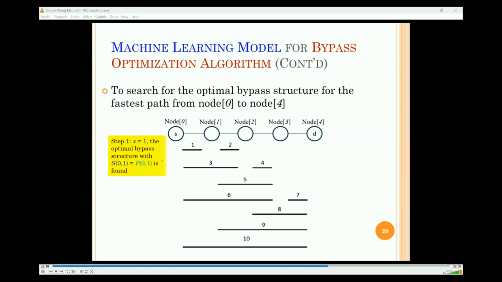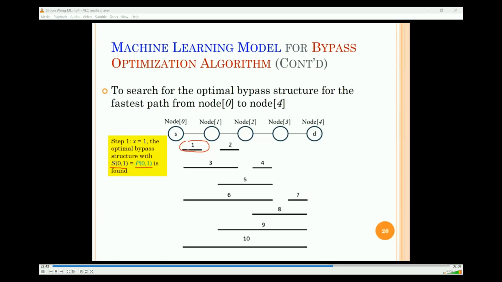Now, step 1, when x is equal to 1, the optimum bypass structure has the highest availability for the block 0, 1.